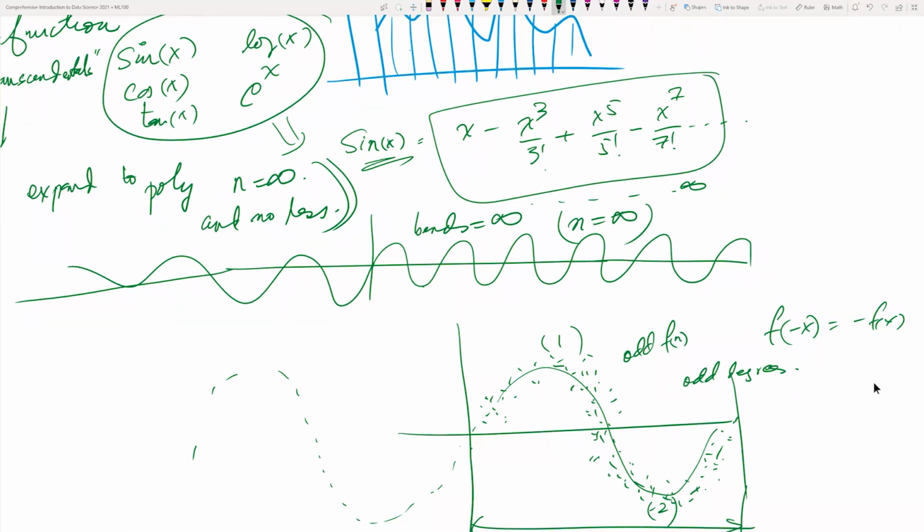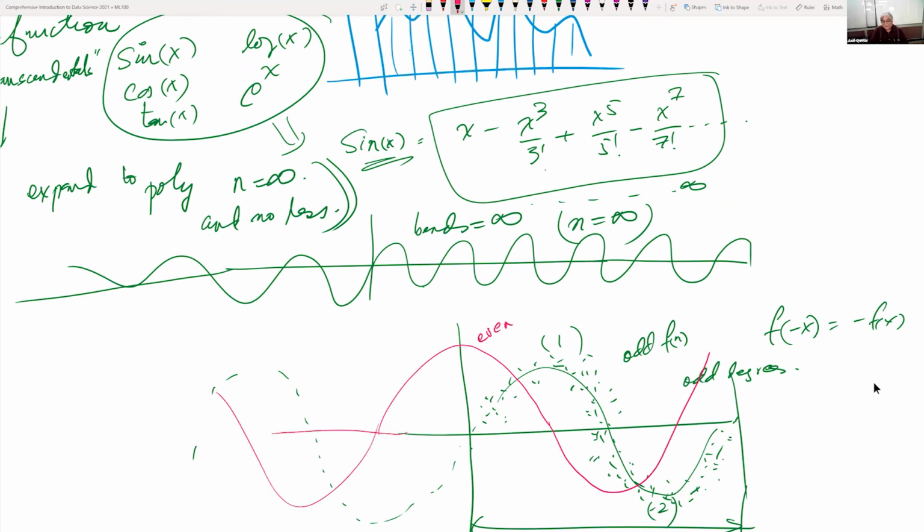And likewise, if it was a cosine function, this is even, laterally symmetric. Cosine x, for example, only contains even degrees.